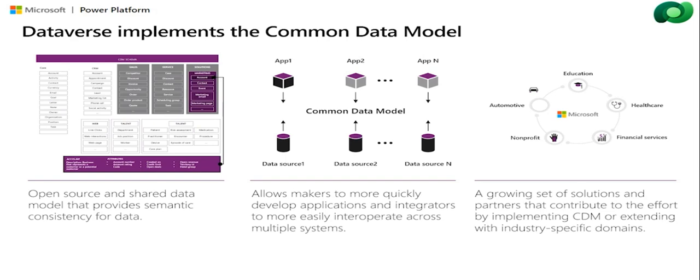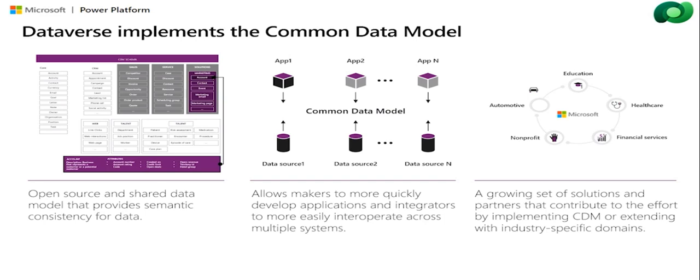When we put those together, we're able to simplify the creation, aggregation, and analysis of data, which means your app makers are able to create solutions that work across systems. For example, you can have an app that is designed for cleaning your building, and you can have another app that keeps records of all of the assets that you have in your building. The apps don't have to rely on two different databases.